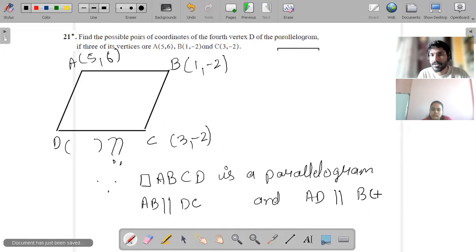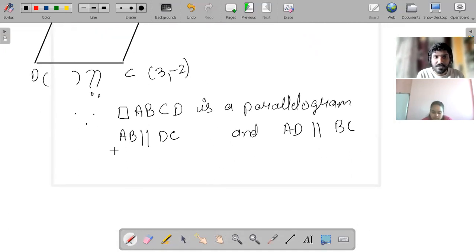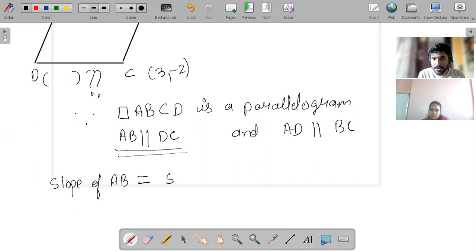Opposite sides are parallel to each other. Now we'll use that property. Since AB is parallel to DC, slope of AB will be equal to slope of DC. Clear up to here? Yes.